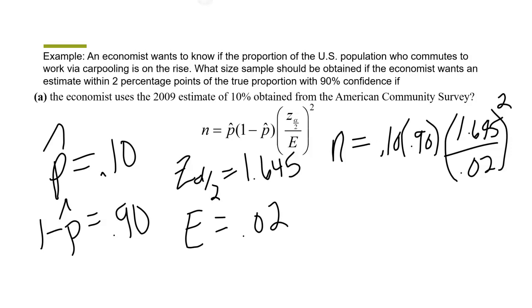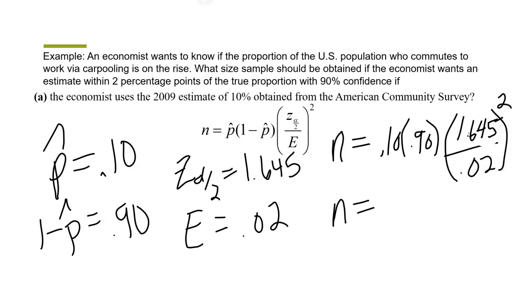Let me erase that so you can see it. When you do this, remember the order of operations: do the exponent first. So do 1.645 divided by 0.02 and then square it, then multiply that by 0.9 and then by 0.1.